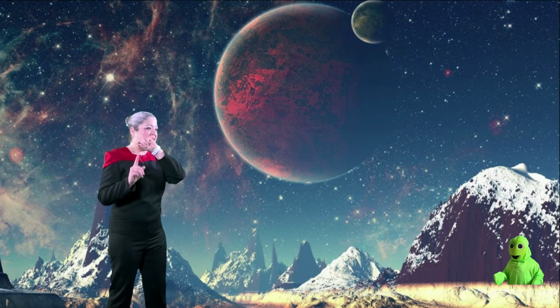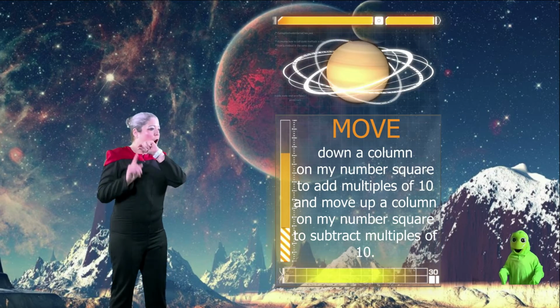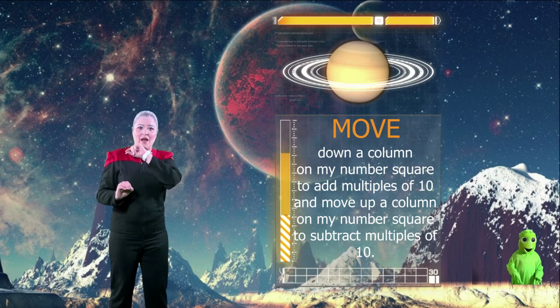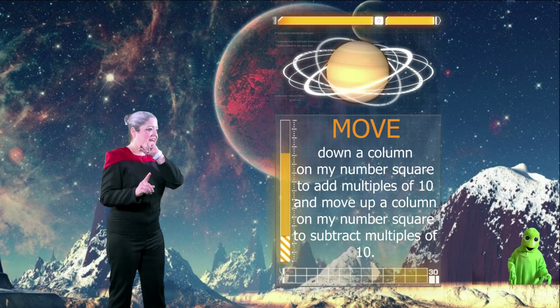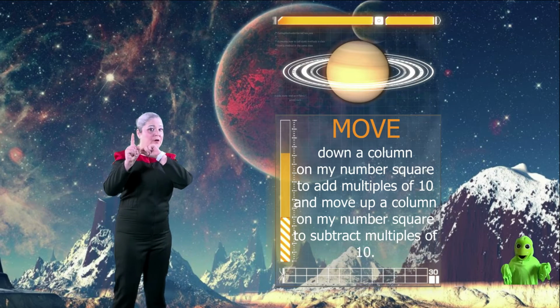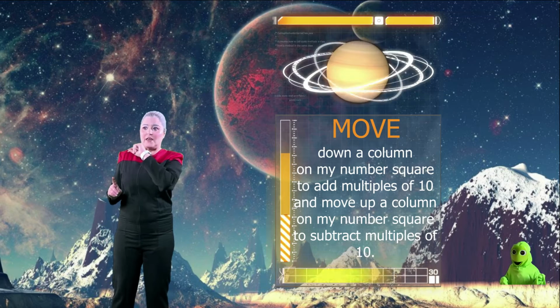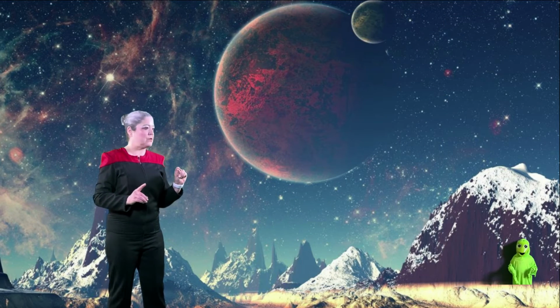I should also be able to move down a column on my number square to add multiples of 10 and move up on my number square to subtract multiples of 10. That seems logical.